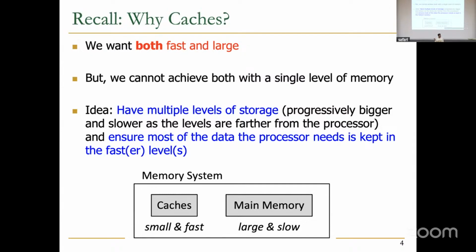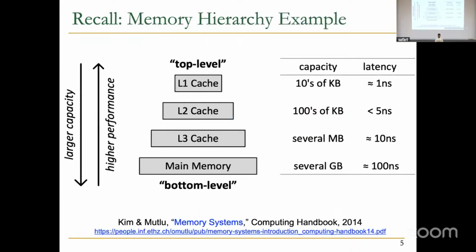So we cannot achieve both of these with a single level of memory. That's why we have caches as well as multiple levels of caches, which are finally backed up by the main memory. That's one example memory hierarchy: L1, L2, L3 cache, followed by main memory, right? And then you can think of many other forms of memory also. Main memory is further backed up by disk storage, and in many of today's commercial processors, they can also have remote memory and many more levels, right?